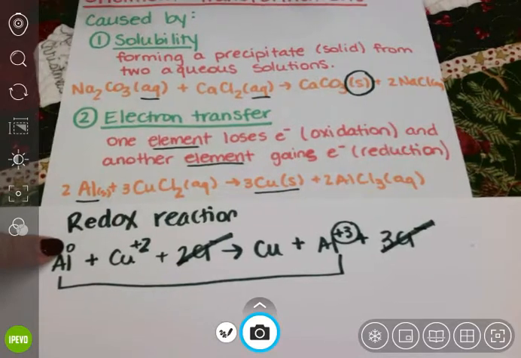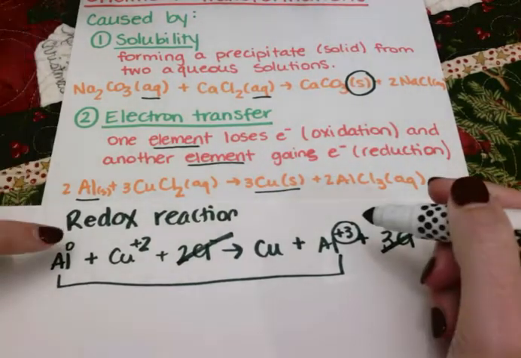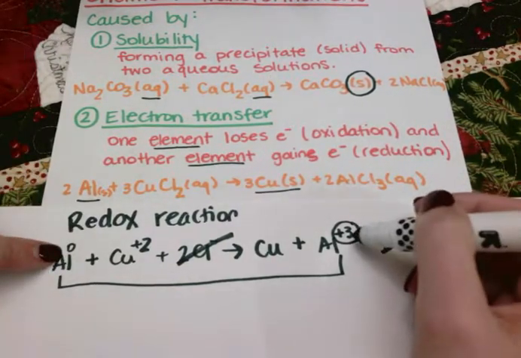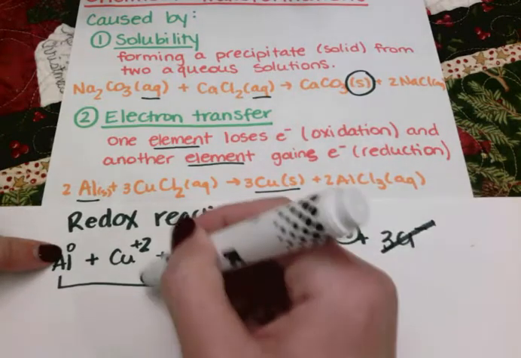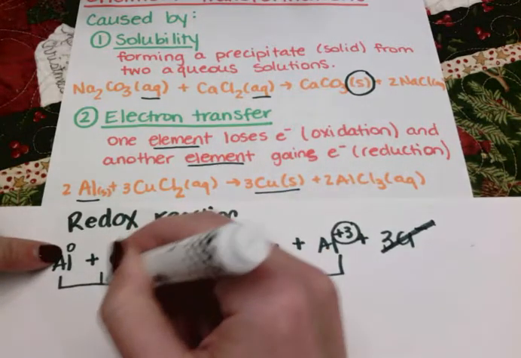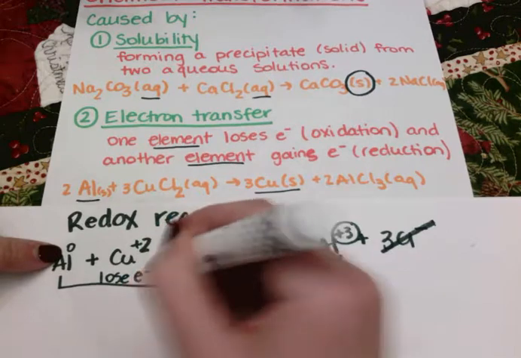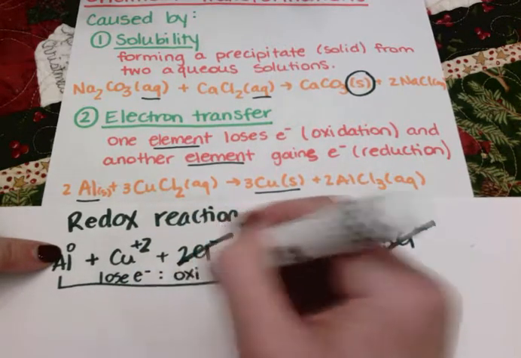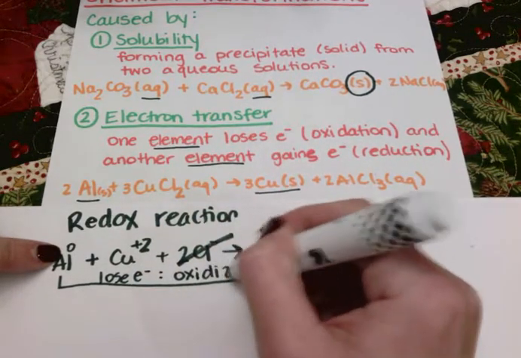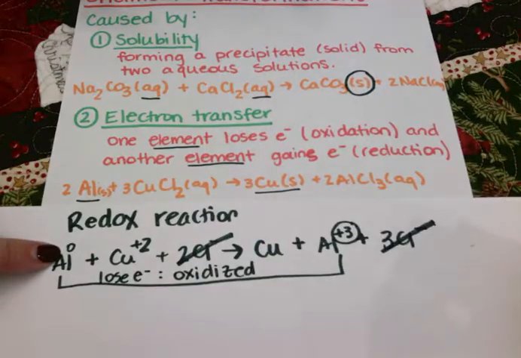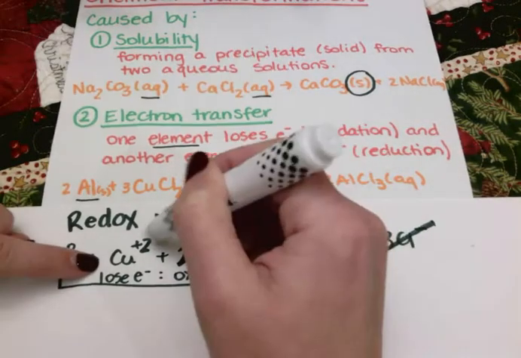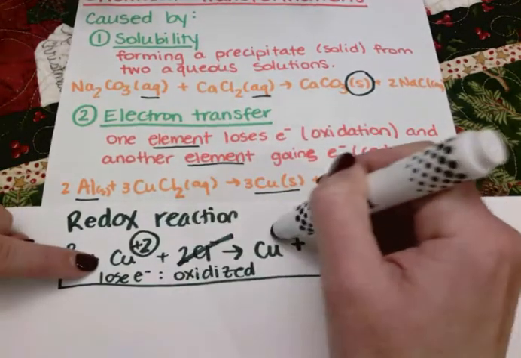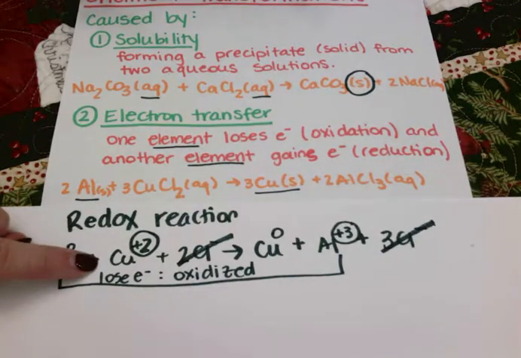Cats get lost. And so a 0 oxidation to a positive number oxidation means it lost electrons. And losing electrons means oxidation. So that's being oxidized.